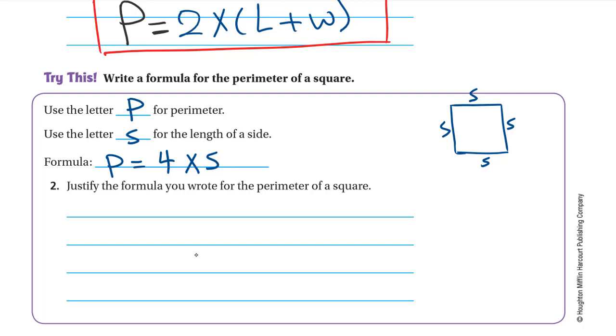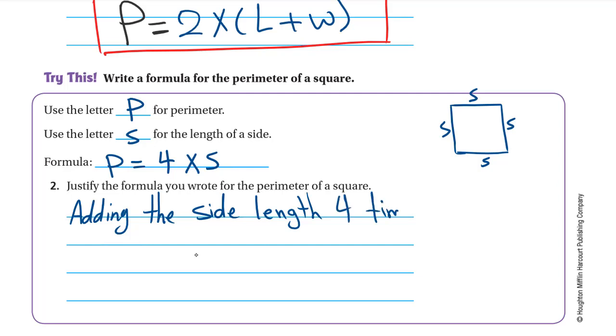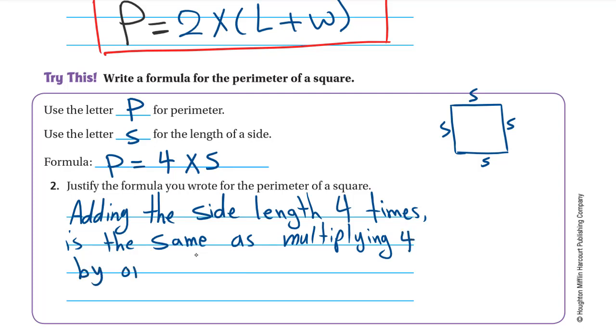So we can say that adding the side length 4 times is the same as multiplying 4 by one side. So P, the perimeter, equals 4 multiply one side, which is S.